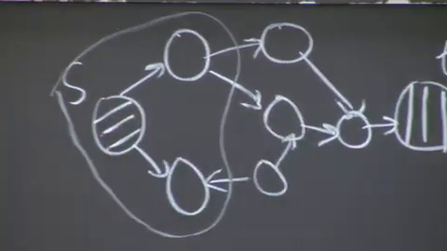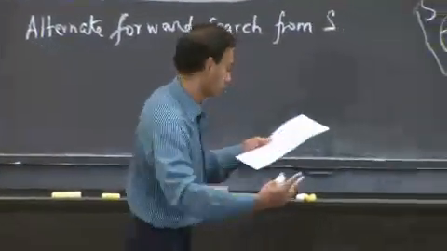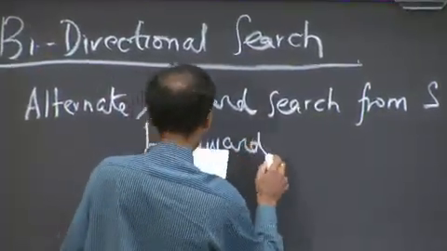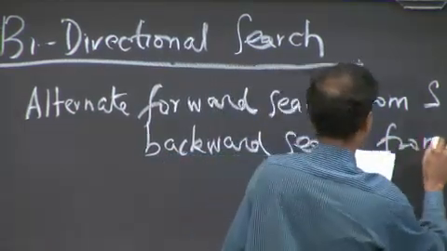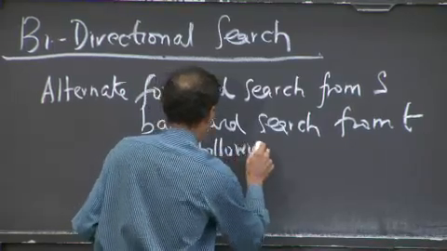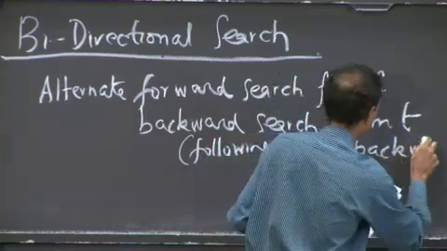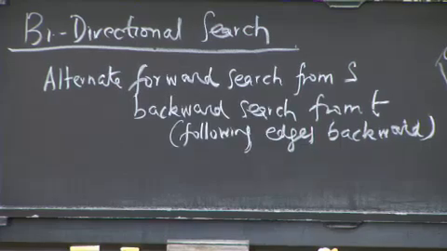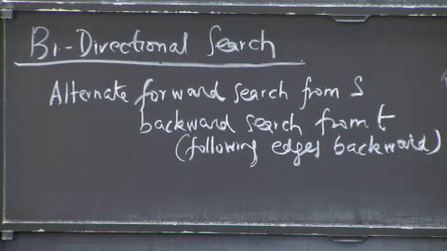And then you stop with the forward search, and you do a step of backward search. I'll have to explain exactly what this means. Backward search from T, and the important thing is that you're following edges backward. So that means your data structure has to essentially have these edges that can be traversed in either the forward direction or the reverse direction. So that's something to keep in mind.